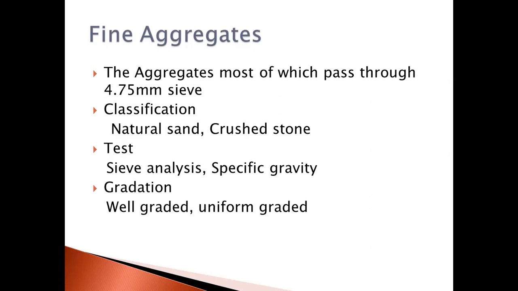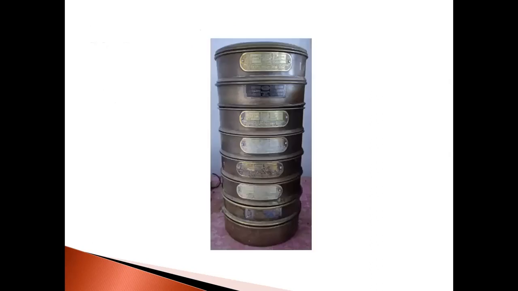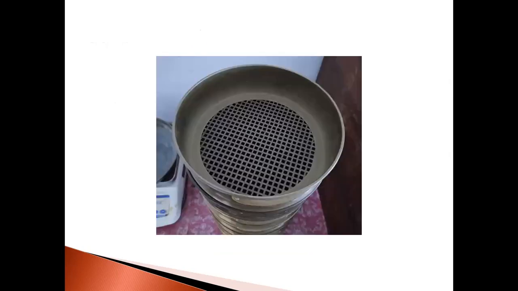So let's see how the sieve analysis is done. These are the different sieves, of different sizes. One will be 2.36 mm, another one will be 4.75. When we open this, it will be like this. We have these small boxes.